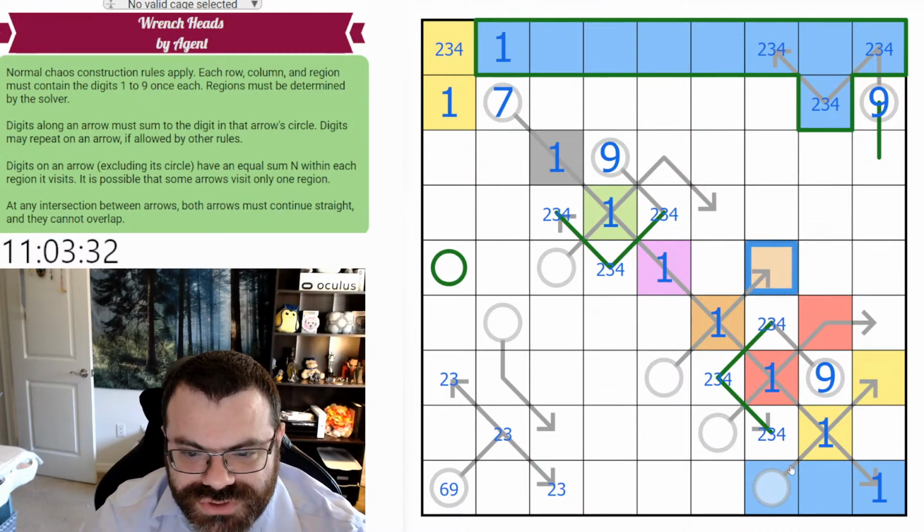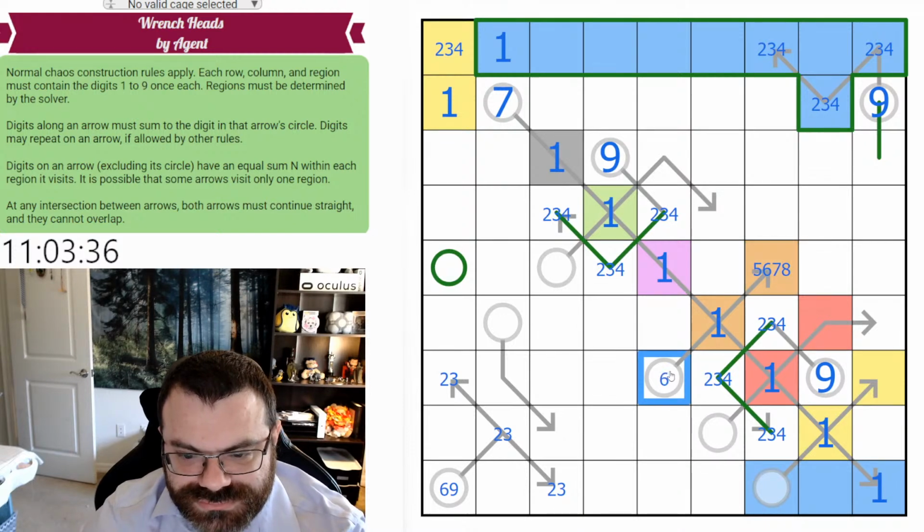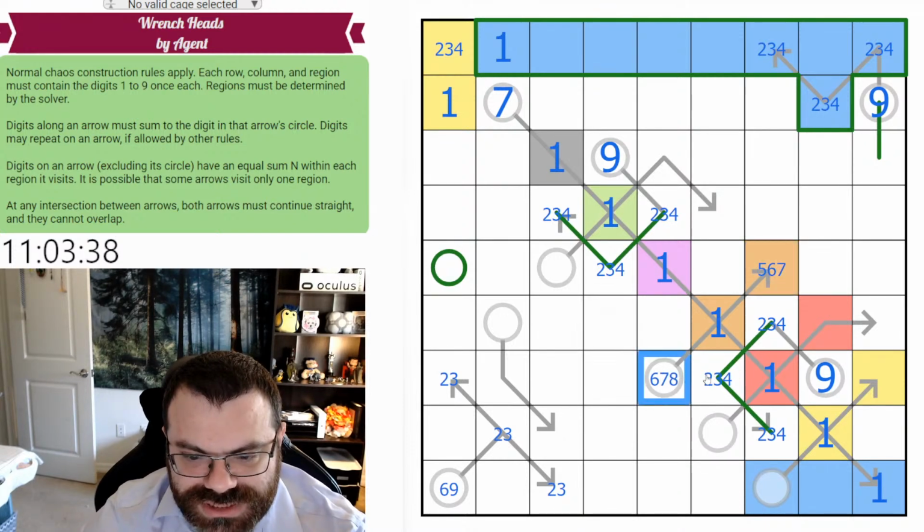This sees a 2, 3, 4 triple, so it's at least 5. But this sees a 9.